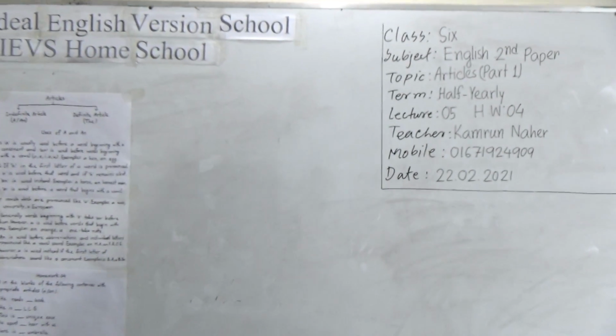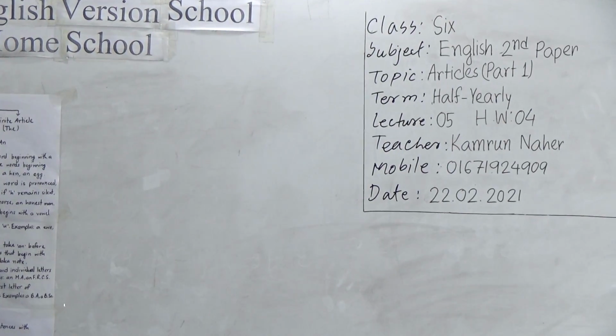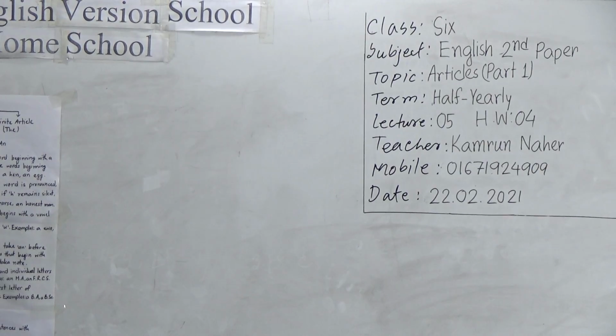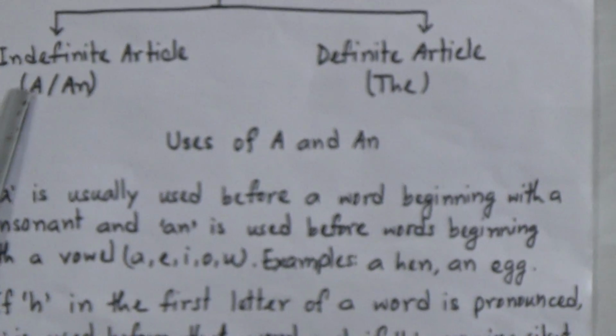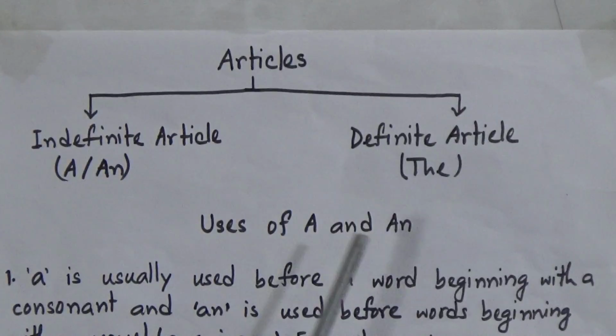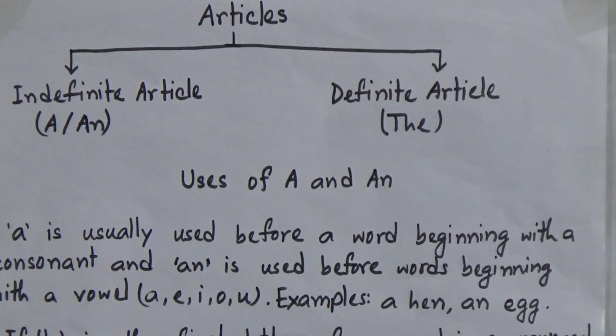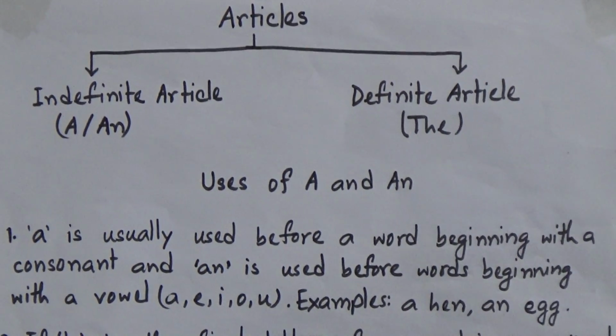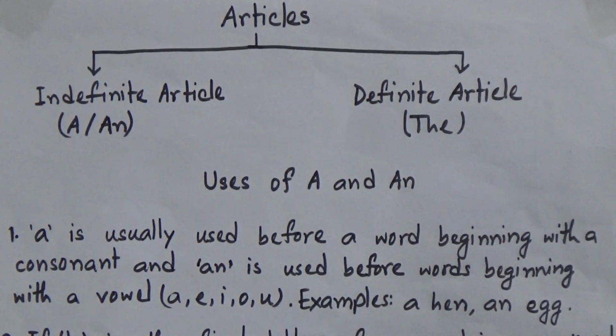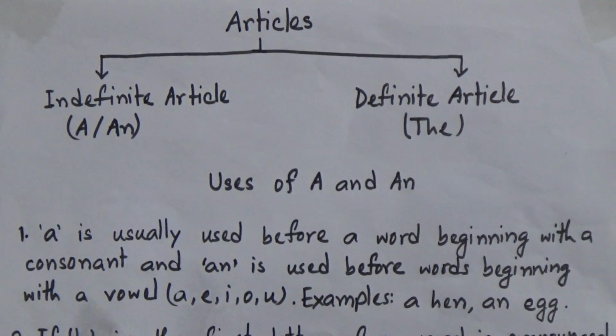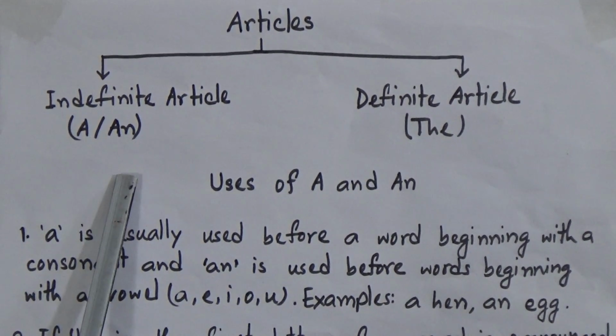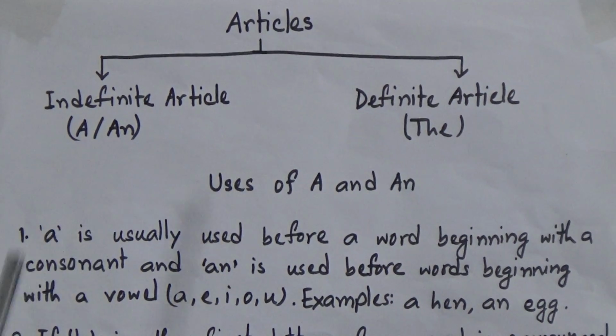You all know that there are two types of articles, right? They are indefinite article and definite article. Definite article is THE, and indefinite articles are A or AN.